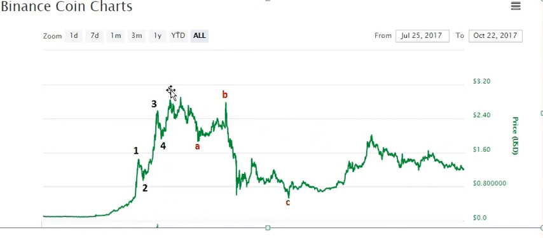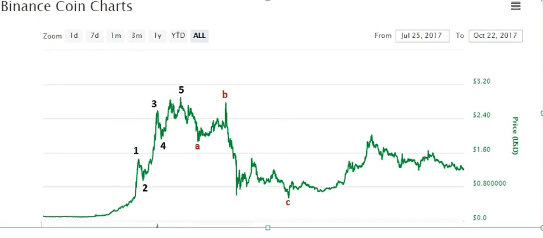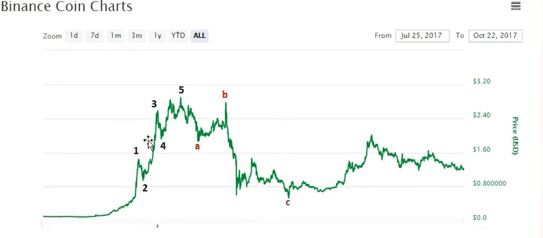You count 5 waves, you know there's a correction coming. That's darn sure. The only error you might have is that maybe 5 isn't done. Maybe it'll go up and finish more, just like it did here actually. A bit more. So what? It doesn't matter. If you count pretty much 5 waves, you're going to get a 3-wave retrace.